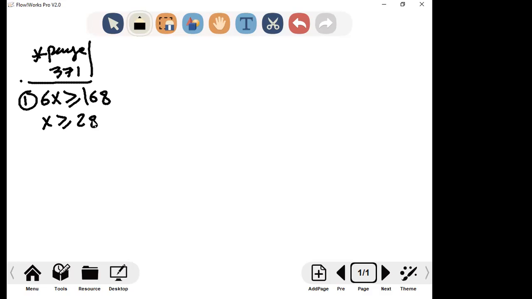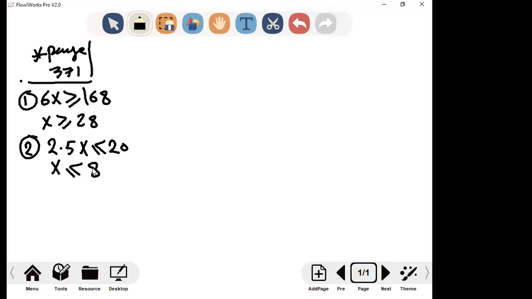Question 2, the inequality is 2.5x less than or equal 20. If you solve it, x will be less than or equal 8.